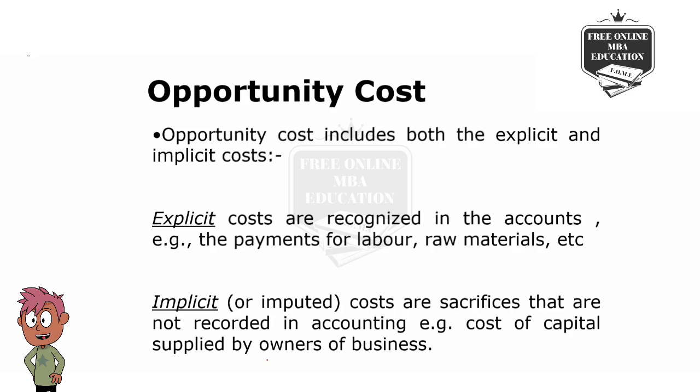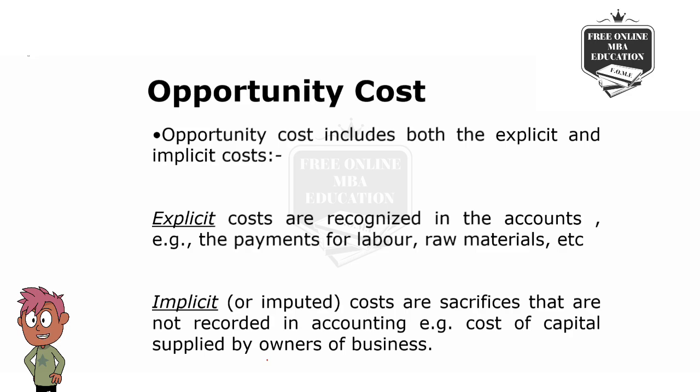Now, as business owners, I'll explain how this works. If you are the business owner, for you, your explicit cost is everything that you can list in your book of accounts. The salaries that you are paying, the raw material costs that you are incurring, the fixed costs you are incurring, etc. But what is your implicit cost? Suppose you are spending 12 hours a day and you are sacrificing a lot of things to do that. Maybe you're not spending time with your family.